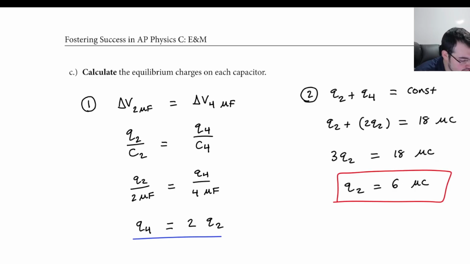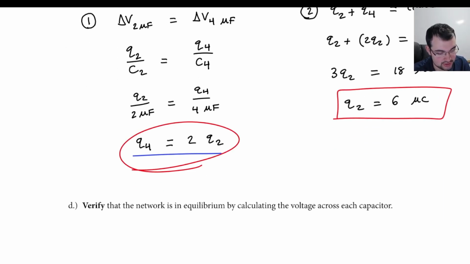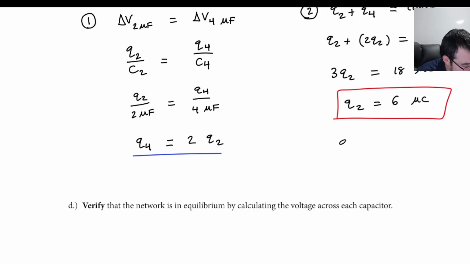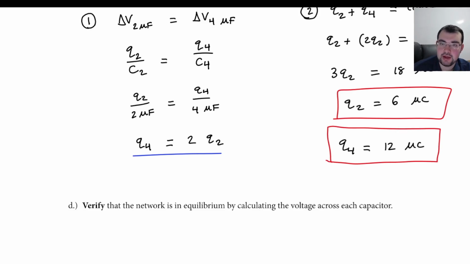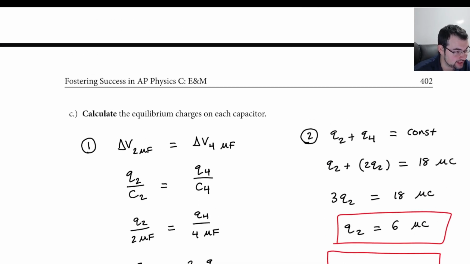And then, using either equation, we said that the charge on the 4 is double that. So we can see that Q on the 4 microfarad is exactly double that, which is 12 microcoulombs. As a quick sanity check, both equations are satisfied because we got double across the bigger capacitance, and 6 plus 12 is definitely 18.